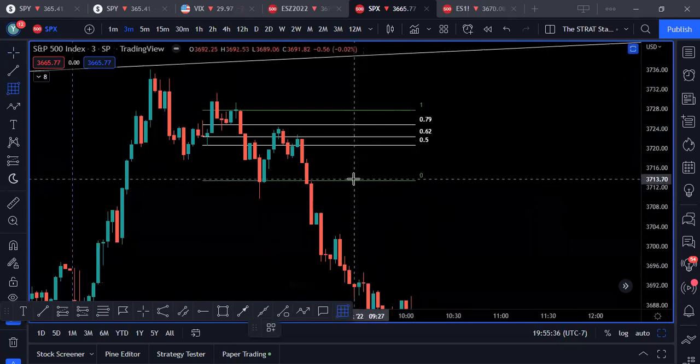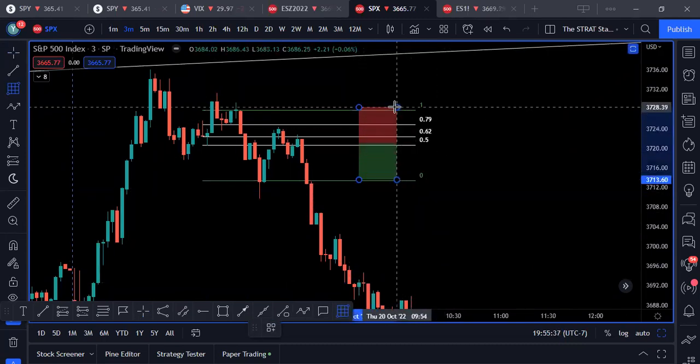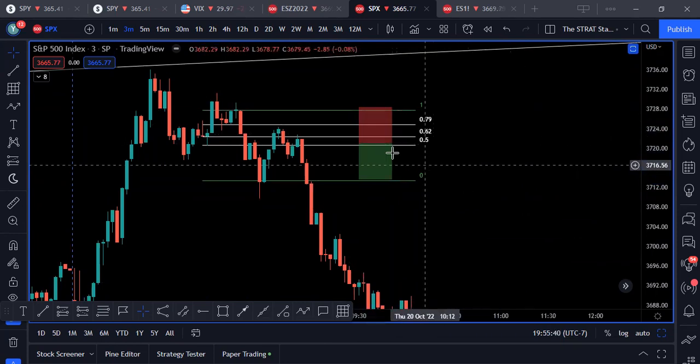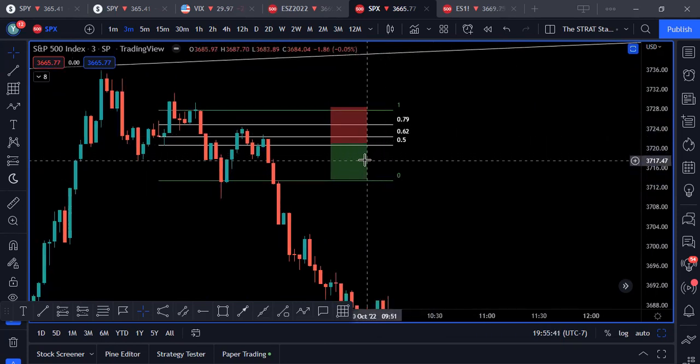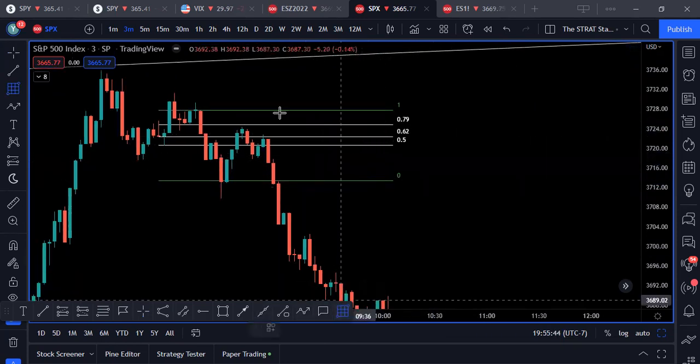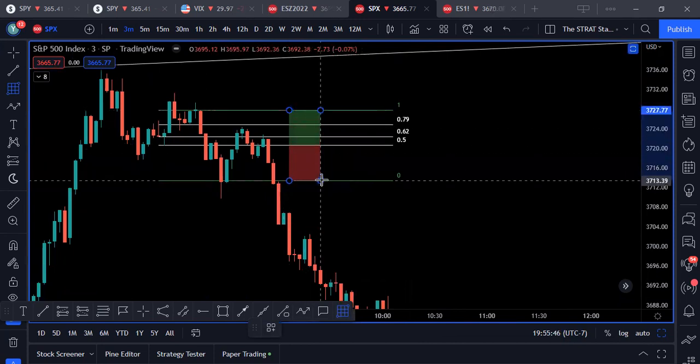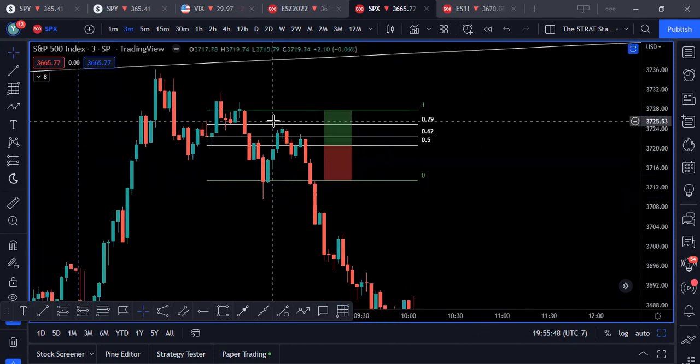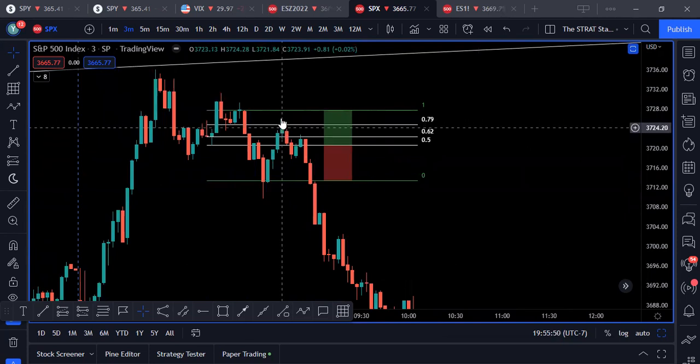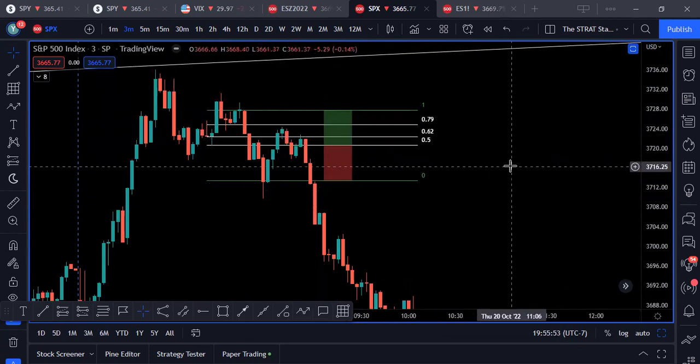If you think about it, that's giving you the discount portion of the newer range. So now you're shorting the premium back into discount.